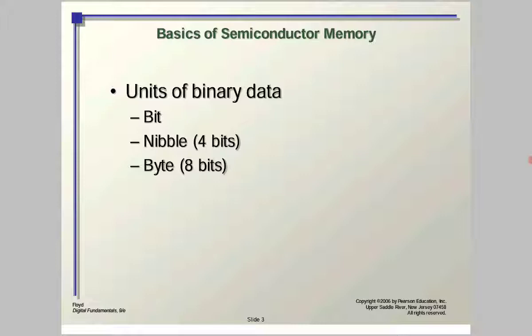Generally memories are represented with units of binary data called a bit, nibble, and byte. Bit means 0 or 1. A collection of 4 bits is called a nibble, and a collection of 8 bits is called a byte. A byte is a combination of zeros and ones.